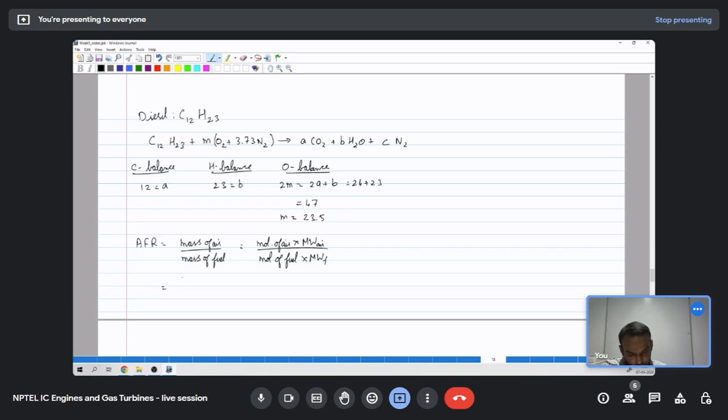So rather we can directly write this as 23.5 into 32, molecular weight of oxygen, plus 3.73 into molecular weight of nitrogen, divided by moles of fuel, which is 1, into molecular weight of fuel, which is 12 into 12 plus 23. Can someone compute this?